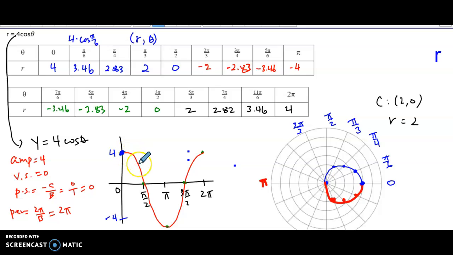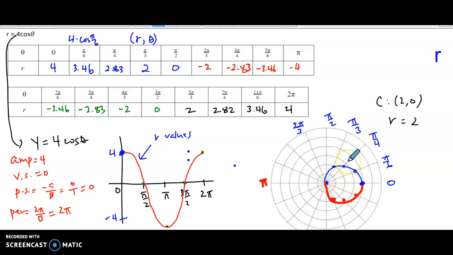These values are smaller than 4 because these are your R values in the polar grid. So we start at 4, 4 rings out. But as we get closer to 0, the distance of these rings are getting smaller and smaller to 0.